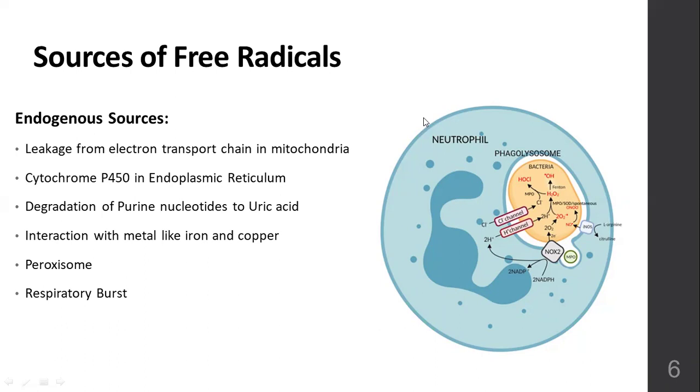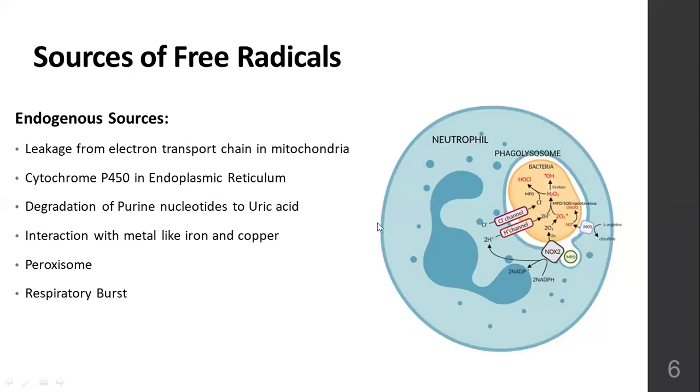Cytochrome P450 in the endoplasmic reticulum. Endoplasmic reticulum, mitochondria, nucleotides, these are all different names of structures that are present within the cell. So cytochrome P450 is present in the endoplasmic reticulum.